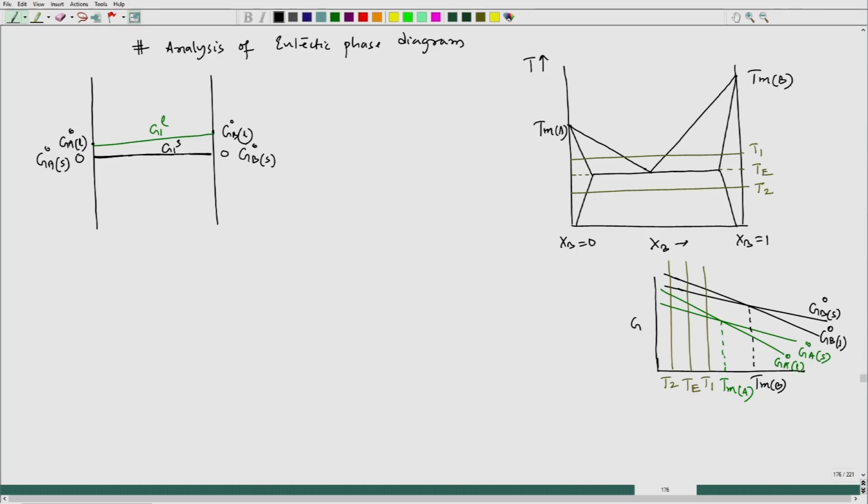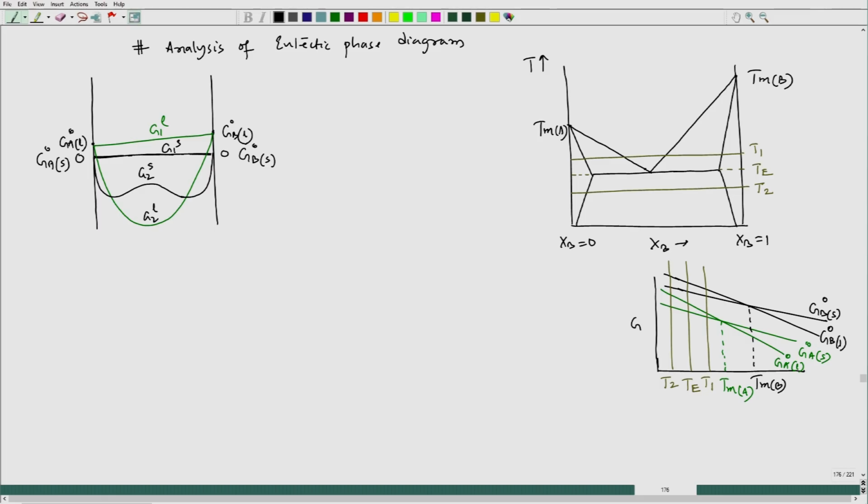Now, if I draw this at T1, this is G2 of liquid, and the solid line would be this. This is G2 of solid, and this one is G2 of liquid. Okay.